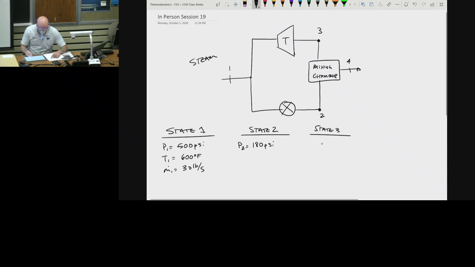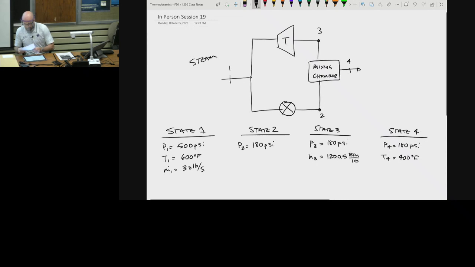State 3, the pressure at 3 is equal to 180 psi, and the enthalpy of 3 is equal to 1200.5 BTUs per pound. And finally, state 4: the pressure of 4 is equal to 180 psi, and the temperature of 4 is equal to 400 degrees Fahrenheit. So that's what we know about this.